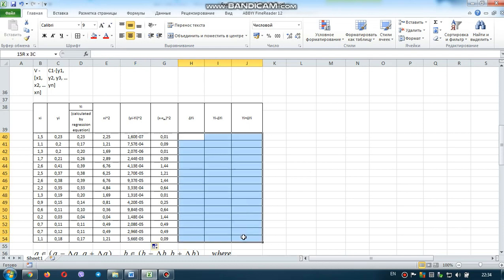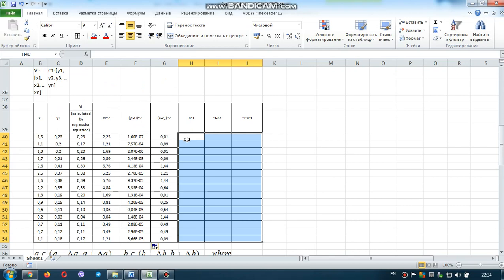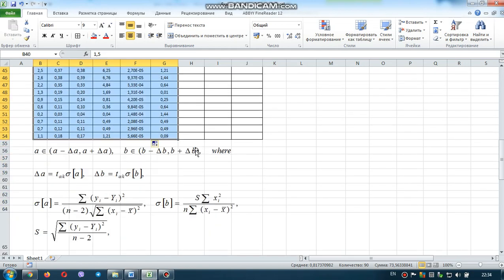These values we will determine later according to these formulas. We have the basic calculations required for our next steps.